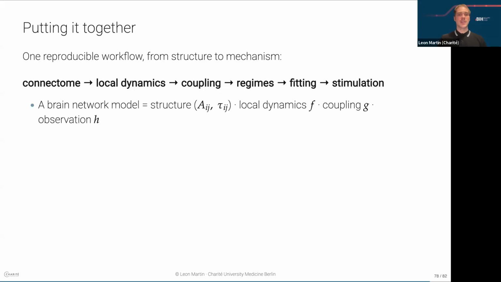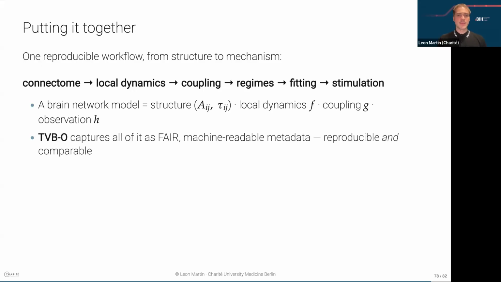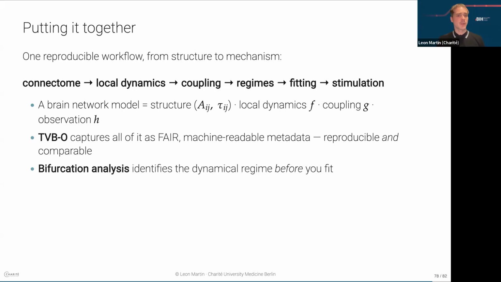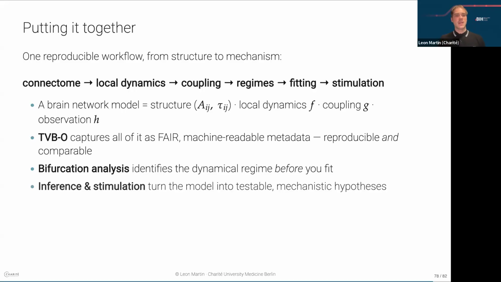And we have stimulation. So the brain network model is based on a structure with weights and delays. It has local dynamics, a coupling function, and a forward model, and observable. We can use TVBO to capture all this and specify this in a machine readable and FAIR fashion. And we can analyze the different nodes, identify the dynamical regimes.